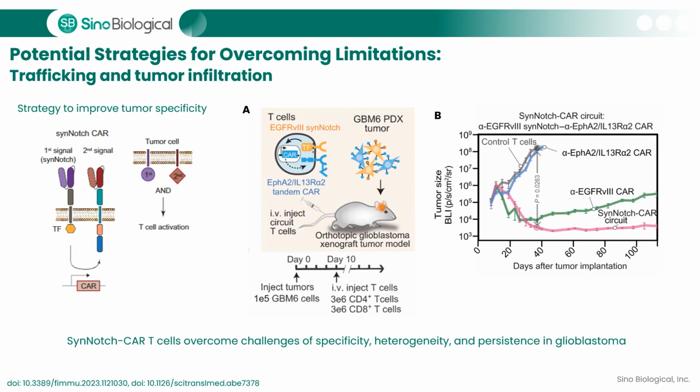However, treatment with the constitutive EGFR-V3 CAR T cells only showed initial tumor shrinkage, but consistently resulted in a recurrence. But in contrast, all of the mice treated with the SynNotch CAR T cells showed complete remission of the GBM6 tumors.